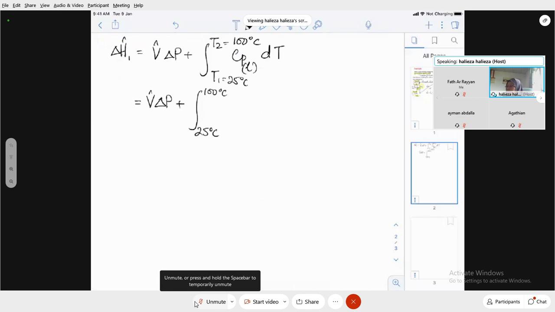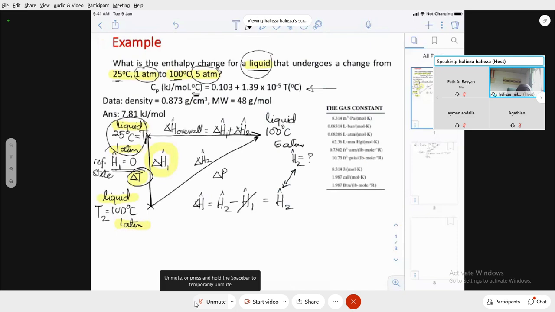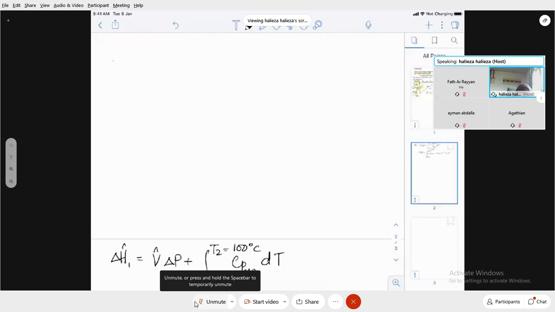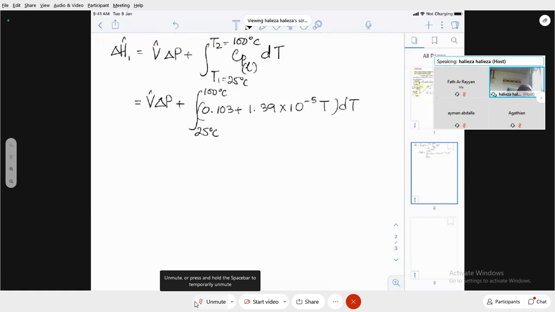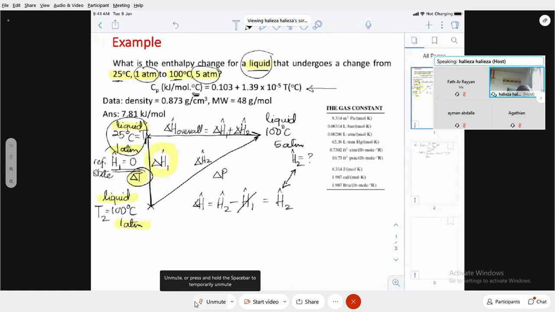Let me see, where's my equation? 0.103 plus 1.39 times 10 to the power of minus 5 T bracket dt. Okay, that is the equation. Now, let's go back again to our hypothetical path.